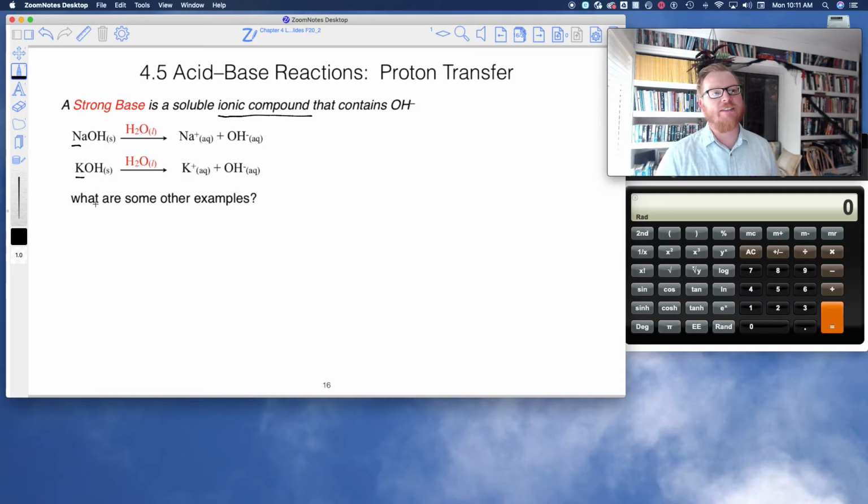And so now if you look at these examples, sodium hydroxide or potassium hydroxide, they dissociate to give you hydroxide. These ions right here are what we call spectators.